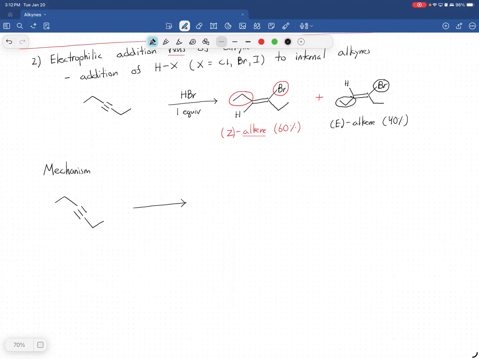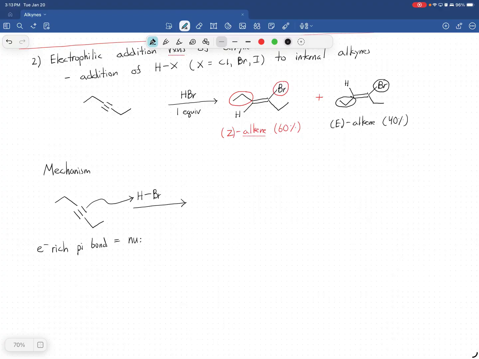So a typical mechanism people show in the book and on the web is that one of these bonds, remember, alkene is electron rich, so electron rich pi bond, okay? So we could kind of think of that as our nucleophile. So that's going to be our nucleophile right here, okay?